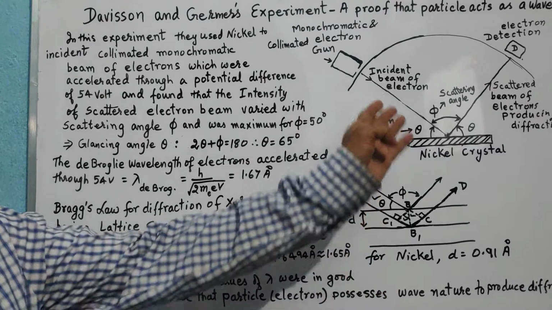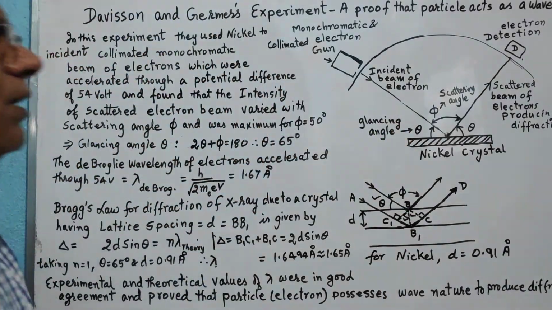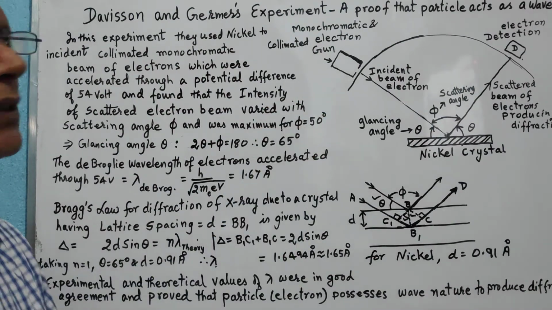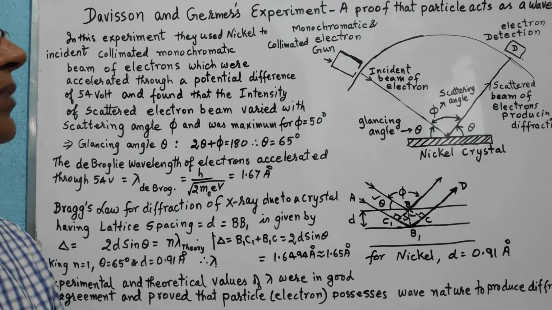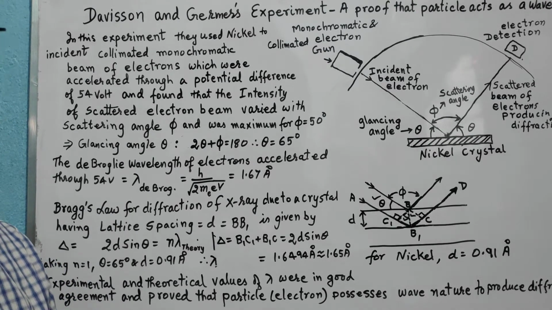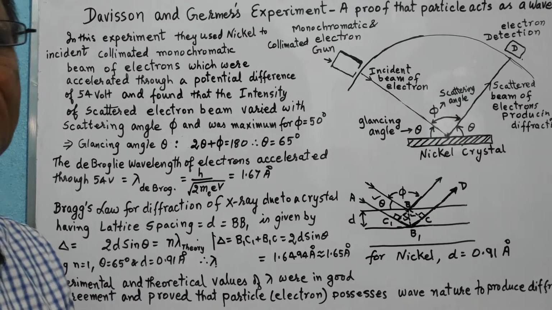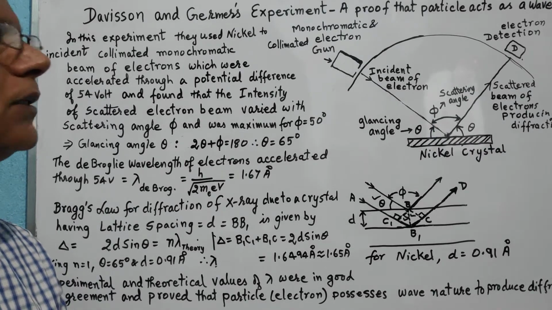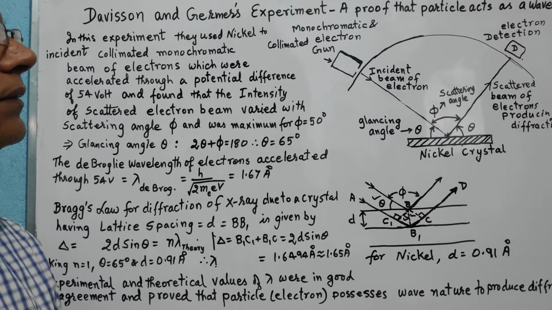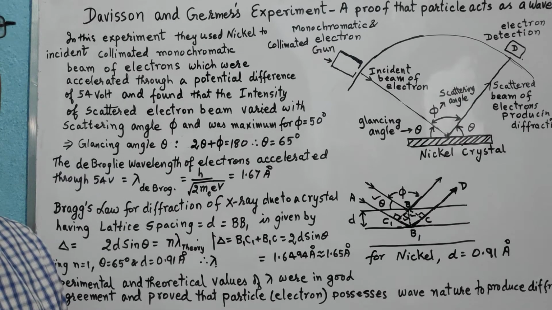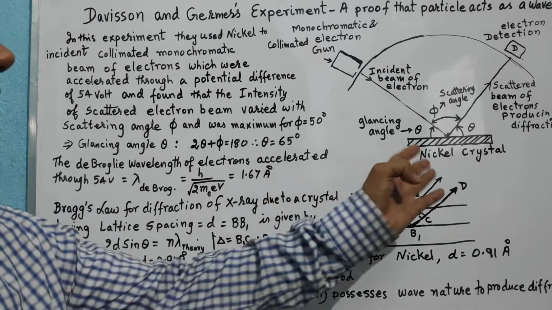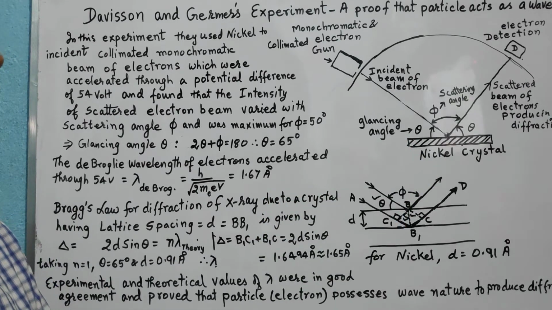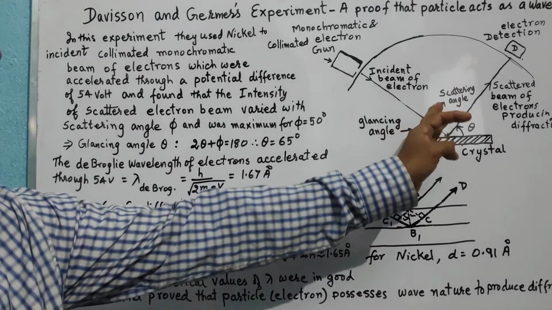Well, in this arrangement, what they did is they took an electron gun which produced monochromatic collimated electron beams. The electrons in the gun were accelerated through a potential difference of 54 volt and then filtered so that all the electrons had the same kinetic energy, and these rays were incident on a nickel crystal with some scattering angle phi.